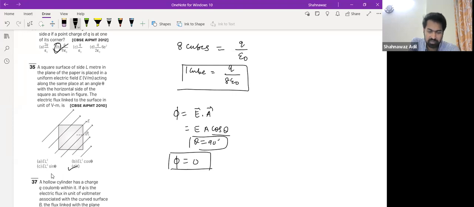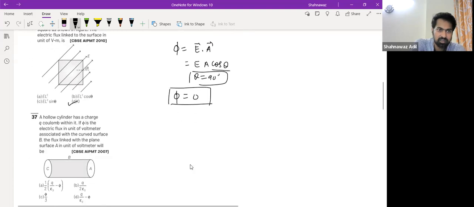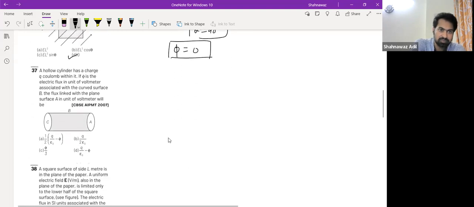So let us understand this next question. We have a hollow cylinder that has a charge Q coulomb within it.